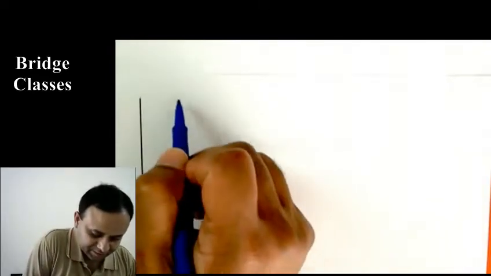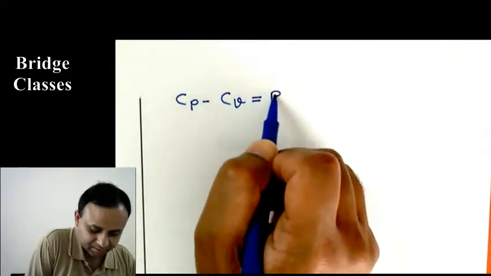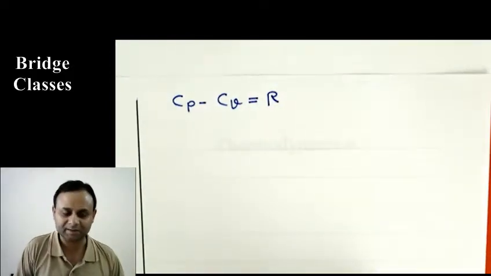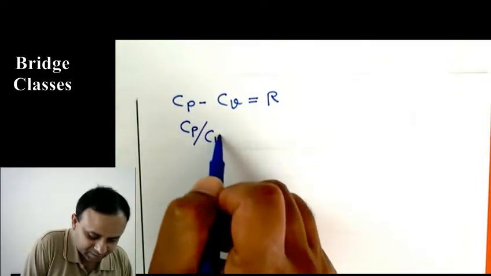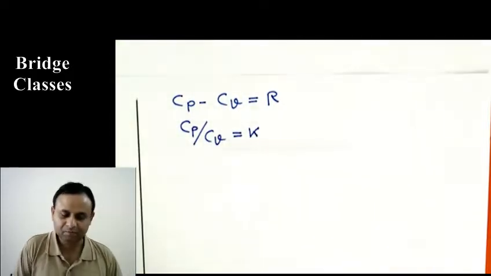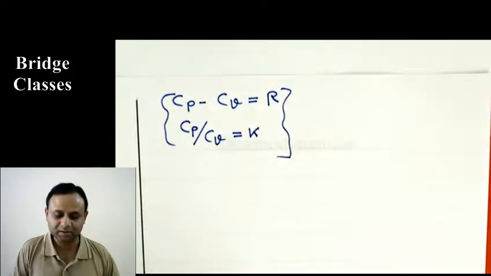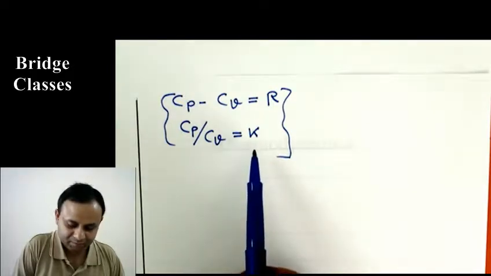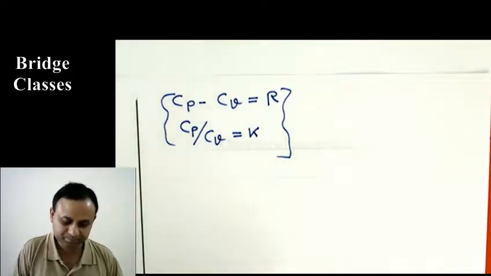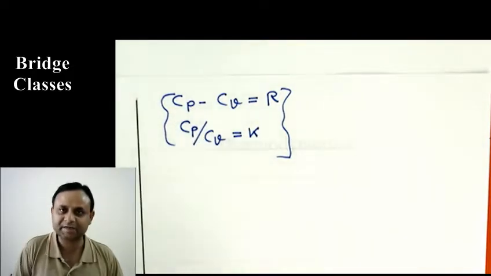Based on these relations, we have Cp minus Cv is R. Again, this is true for an ideal gas. And we have Cp over Cv is K. So based on these two relations, if you have the value of K, then you can determine Cp and Cv.